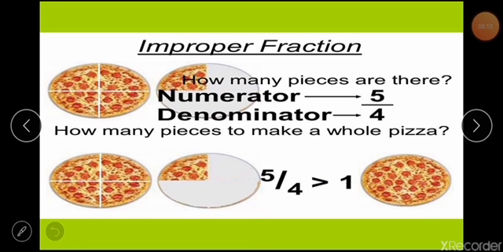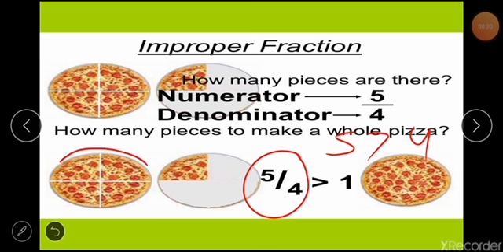Next, similarly improper fraction. Here you can see that in improper fraction, as we discussed, our numerator is greater than the denominator. Here I am taking 5 upon 4 and 5 is greater than 4. So 5 upon 4 means I am taking a whole pizza, that is 4, and 1 slice more.